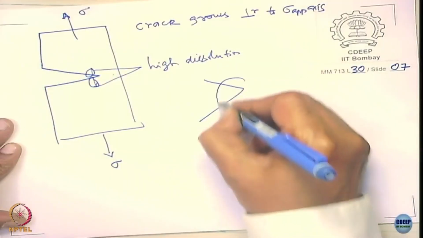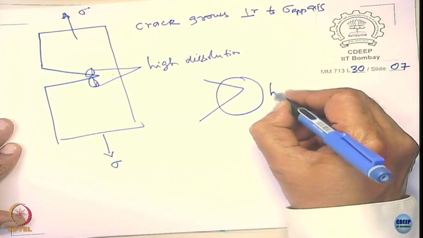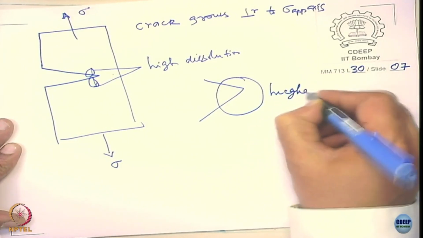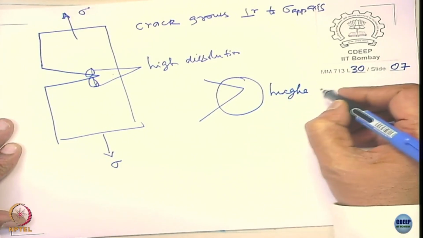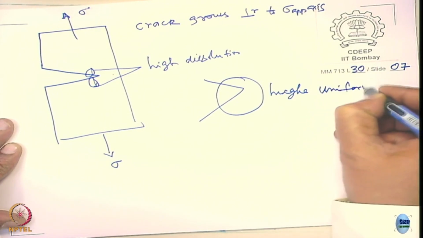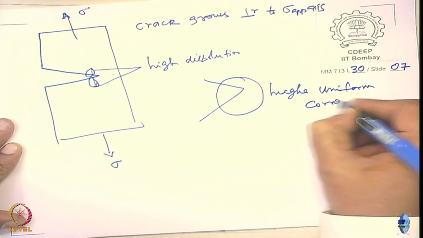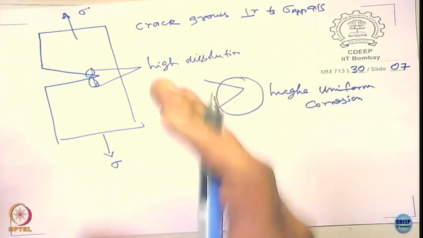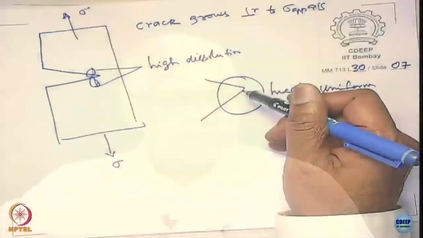I magnify this, and here there is huge uniform corrosion. It corrodes so much. What will happen there? The crack tip will blunt, the crack is no more sharp. Stress concentration could be significantly reduced from that.